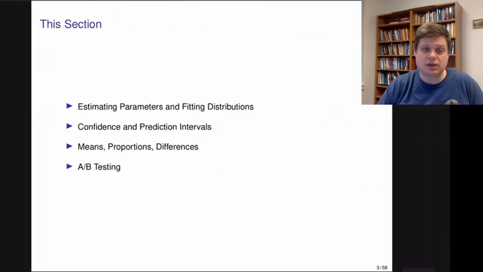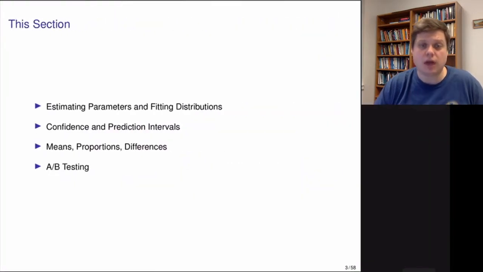And in this section, we will learn how to estimate parameters of the models. When we talked about fitting distributions into the data, we talked about three specific distributions: Poisson, binomial, and normal. But we never really talked about how to calculate parameters of those distributions, especially for the normal one, how to calculate mu and standard deviation given the data set.